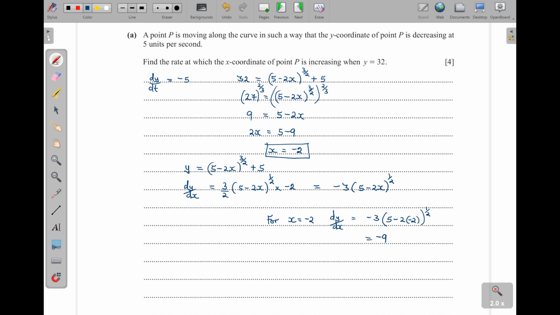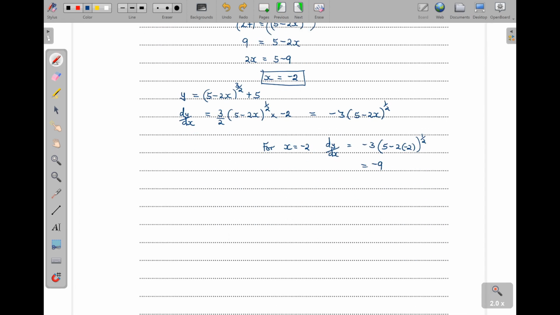Then we are to find the rate at which the x-coordinate is increasing. That means we are supposed to find dx/dt. So dx/dt is equal to dx over dy, times dy/dt, because x and y are connected, so that the dy cancels and you remain with dx/dt. You see that?